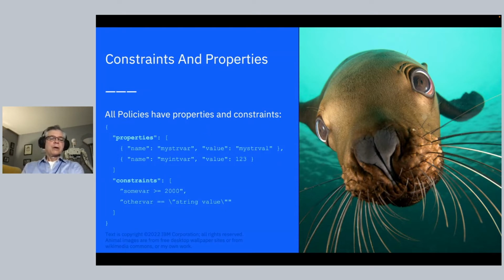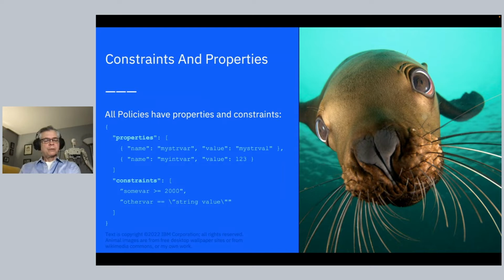Constraints and properties. All policies have both of these, and either of these lists can be empty. But properties are just name value pairs. So you see name my_str_var and value my_str_val. You can put any name you like, any value you like. They're typed, so you can have Boolean, string, number values for your properties.